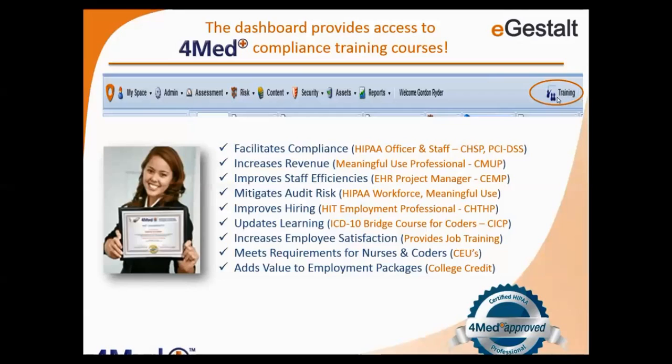So HIPAA, of course, is a very important one that is attached to the eGestalt tool. That is probably the most important training that we've embedded into the compliance product for this purpose. But then we also have some very unique titles that are relevant to compliance that have been very helpful to the eGestalt continuous dashboard training folks, and that includes our Meaningful Use course.